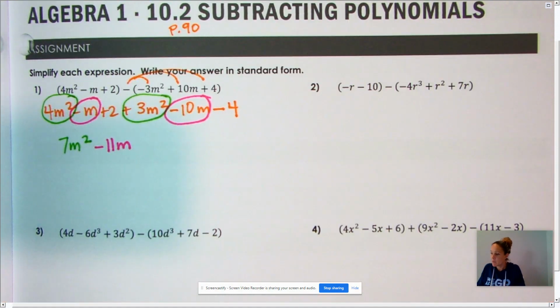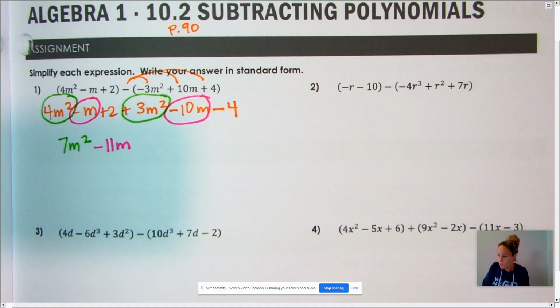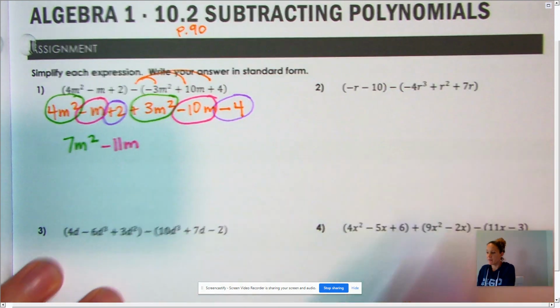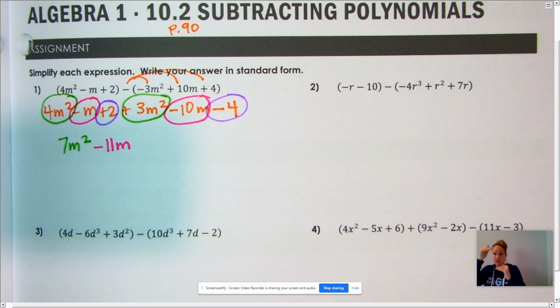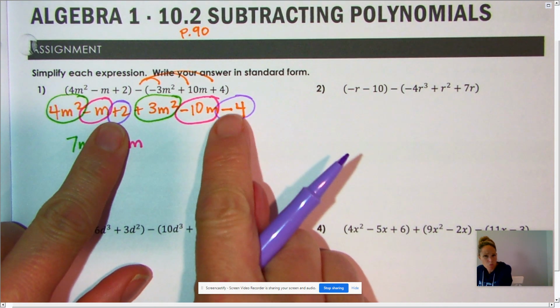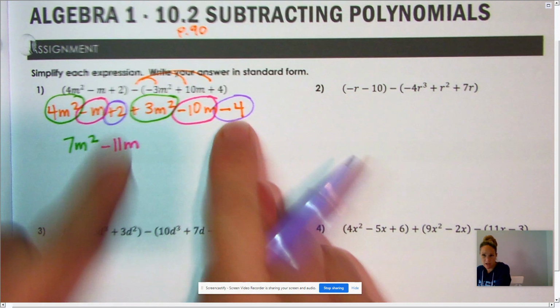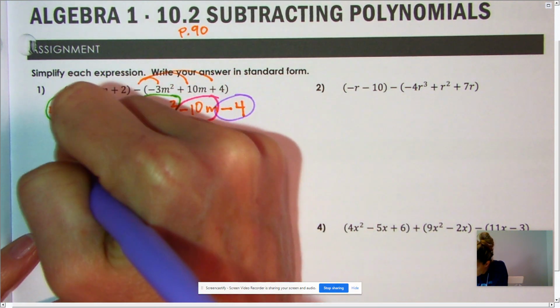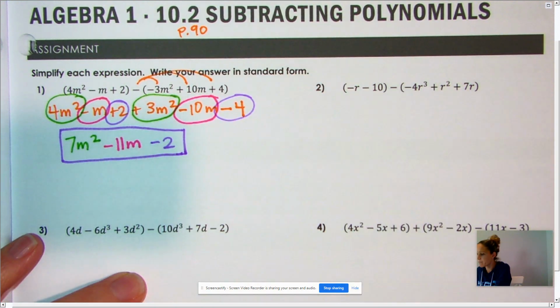Okay. Then we're going to look and see what's left. We have 2, take away 4. So if I have positive 2 and I'm minus 4, that brings me down into the negatives by 2. You can also think, what do I have more of, positives or negatives? There's way more negatives. I've got 2 extras, right? So negative 2. And then that is what you are going to enter into Canvas.